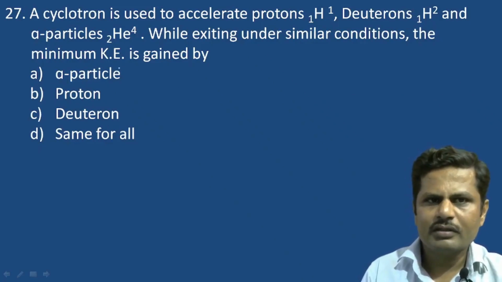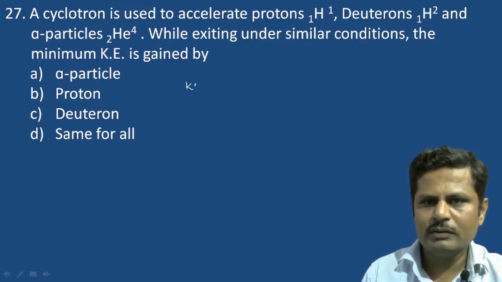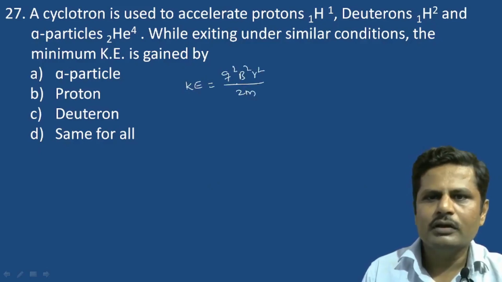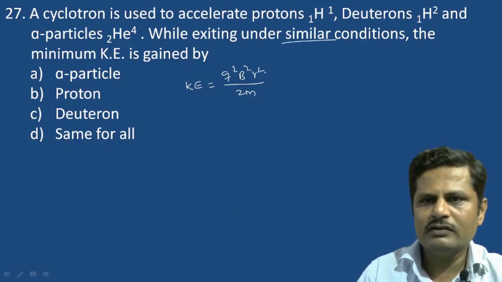See, we know that the kinetic energy gained by the positively charged particles in the cyclotron is given by kinetic energy equals q square B square R square divided by 2m. Here they are saying similar conditions, so B and R remain constant. Therefore kinetic energy is directly proportional to q square divided by 2m.